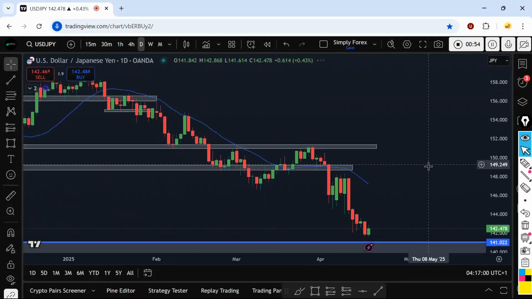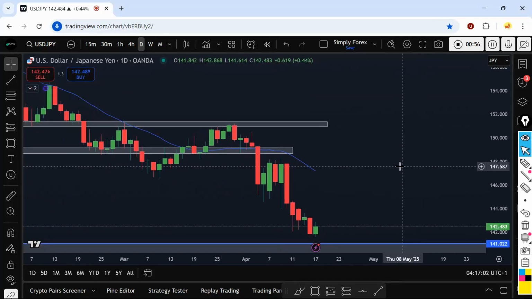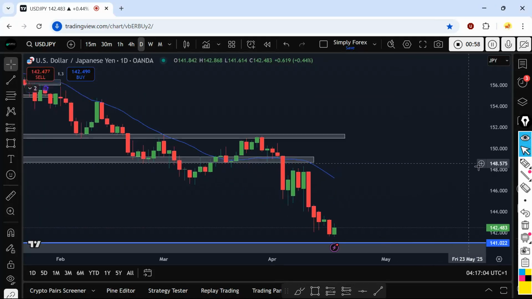And then on the day chart, what I really like is yesterday's candle. Why do I like it? Well, first of all, daily is in a downtrend. And secondly, yesterday's candle broke all of these lows. Price was stuttering here. We were thinking, are we going to get a bit of a retrace?